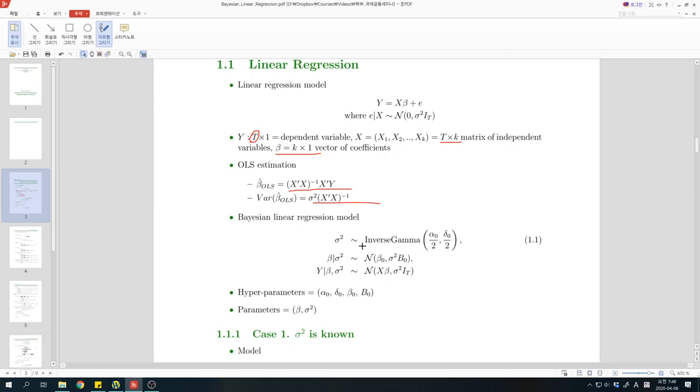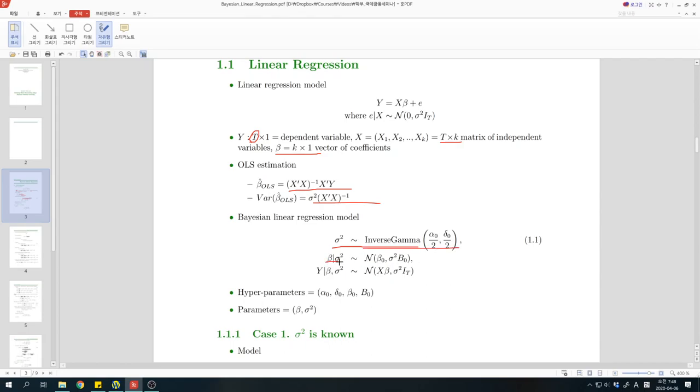For now, just take it that sigma square is generated from a positive distribution, and the inverse gamma is just sort of the convention. So first of all, sigma square is randomly determined from this distribution.